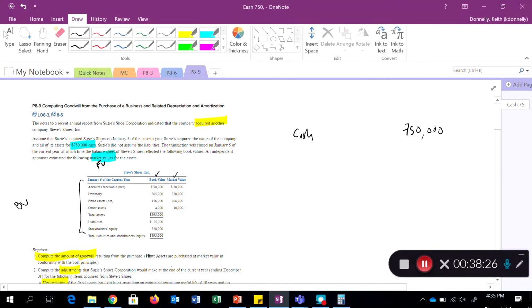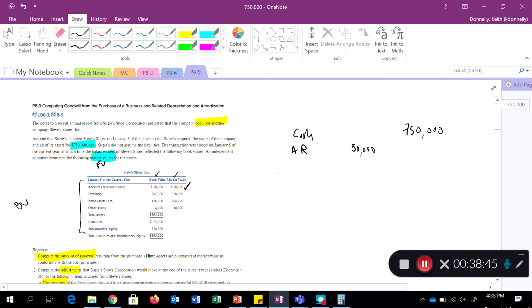However, we need to look at specifically here, what are the identifiable assets that we actually received? So what we received here were accounts receivable. It's something we physically received that's worth $50,000.